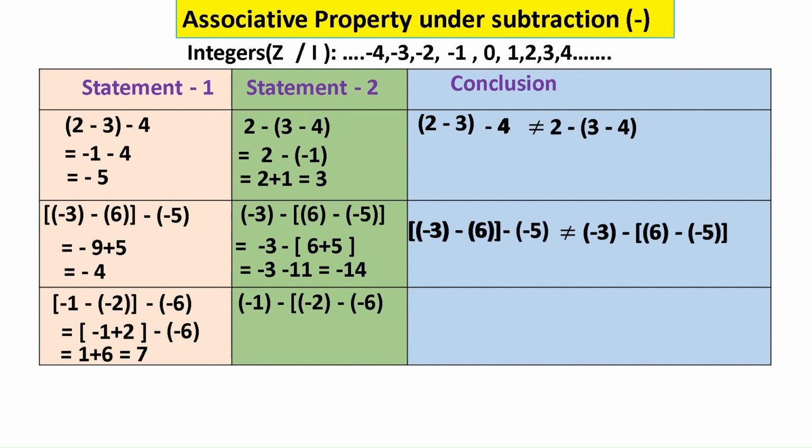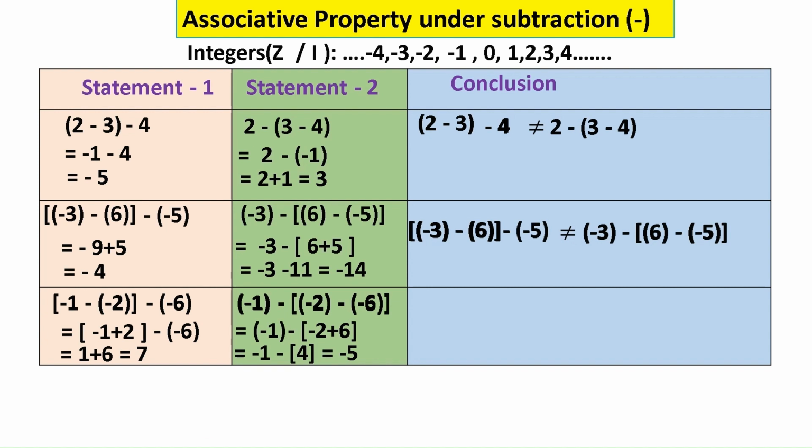And in statement 2, first we do the last two integers here. Now minus 1, and minus of minus 2 minus of minus 6. Minus 1 is the first integer, and what is the result of the last two integers? It is minus 2 and plus 6, so plus 4. Next, minus 1 and minus 1 minus 4, we will get minus 5.